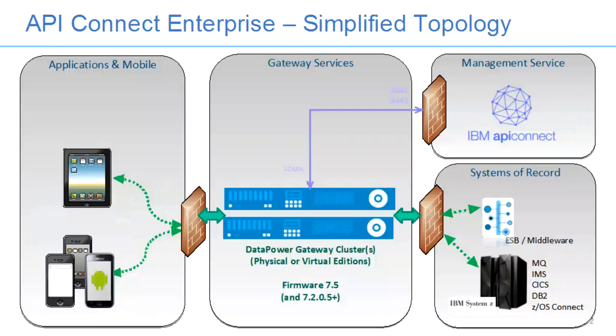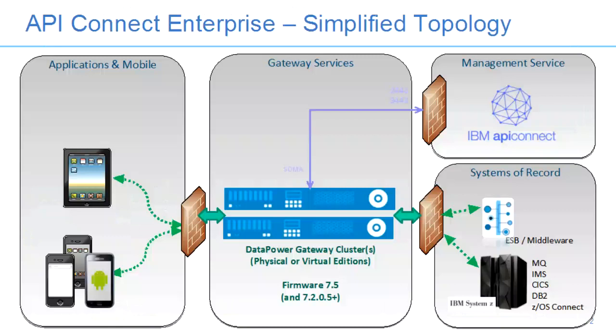There's really nothing different from a topology view than what API Management was before. We still have a set of gateway clusters, one or more. We're now calling them services in CMC, but they're the same thing, different name.